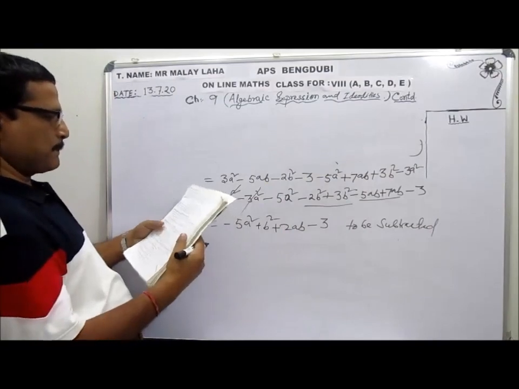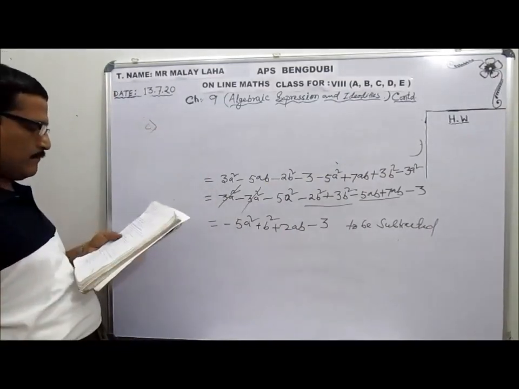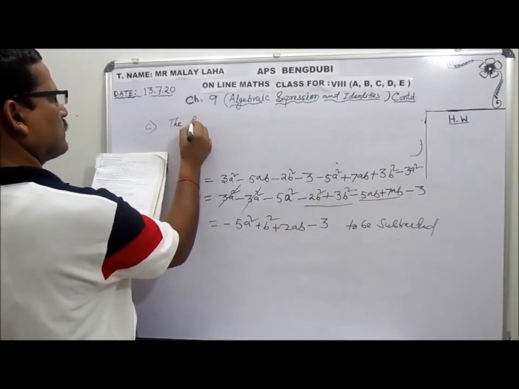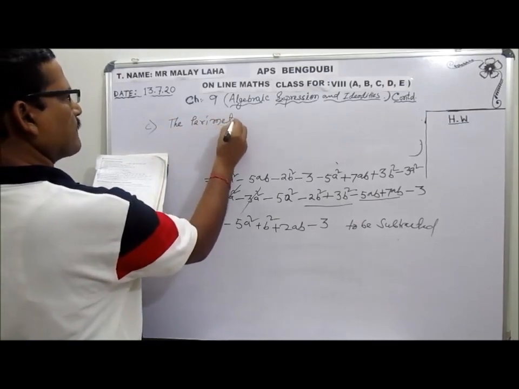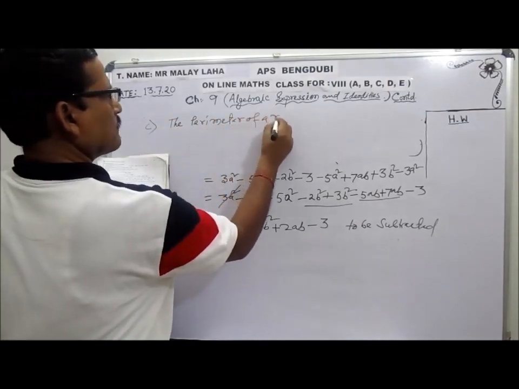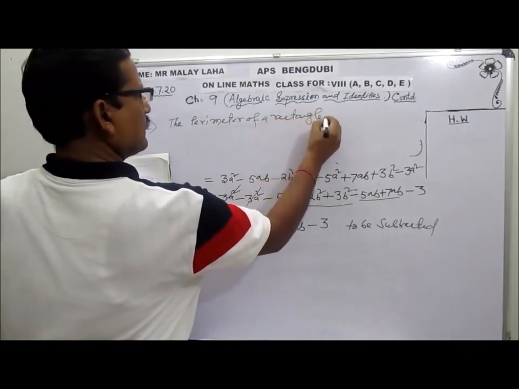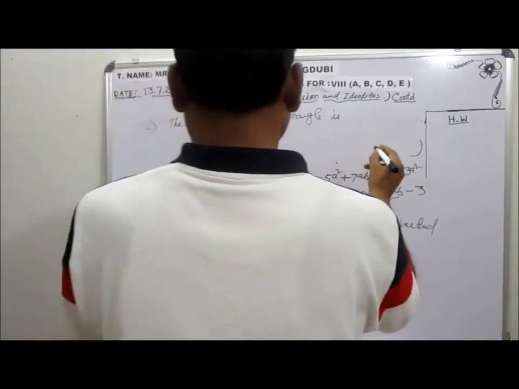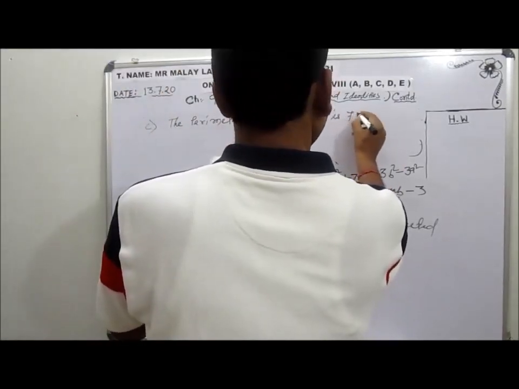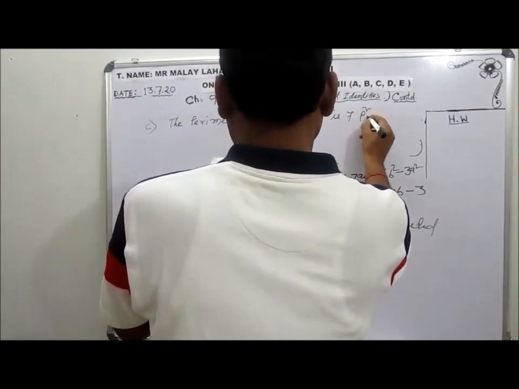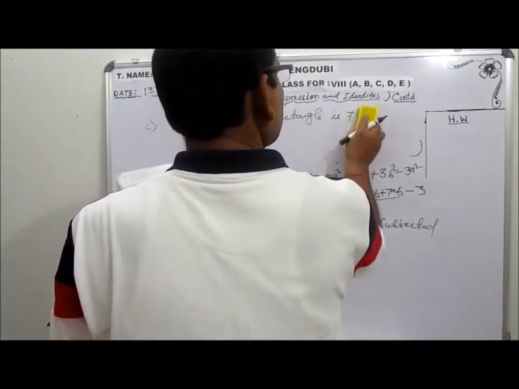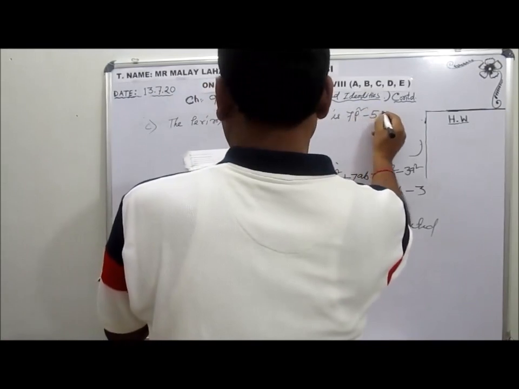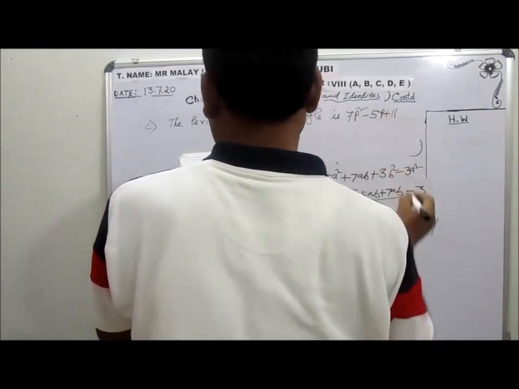Question number C. The perimeter of a rectangle, sorry, it is not a rectangle. The perimeter of a triangle is a little different but not too tough. It is 7p square minus 5p plus 11.